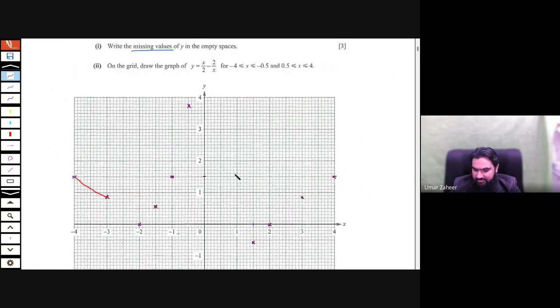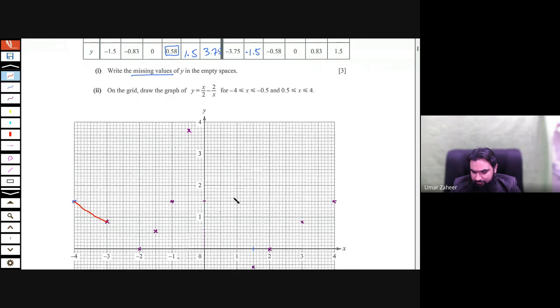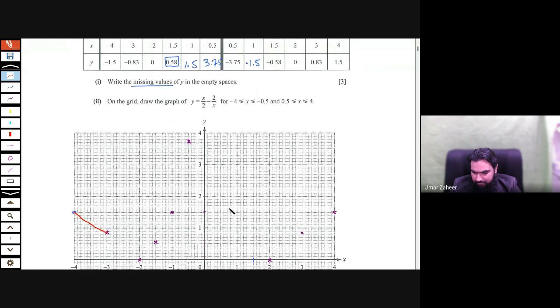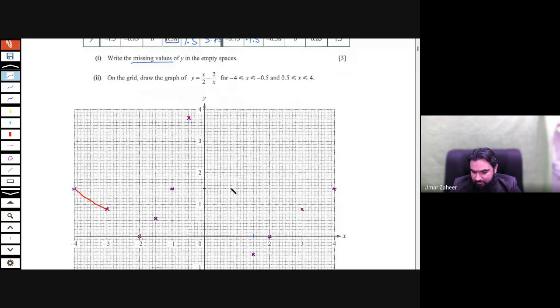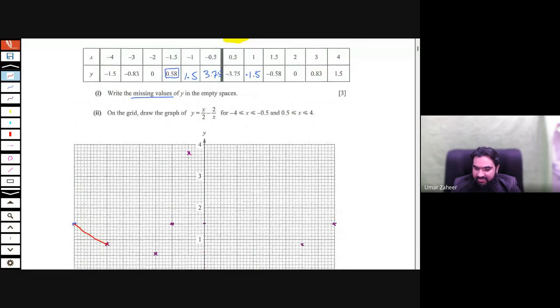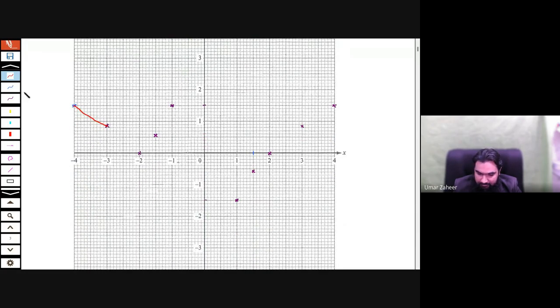You have to draw minus 0.83, minus 2, 0. Oh, we have done it wrong. It is minus 1.5 and minus 0.83. Minus 1, 1, 2.